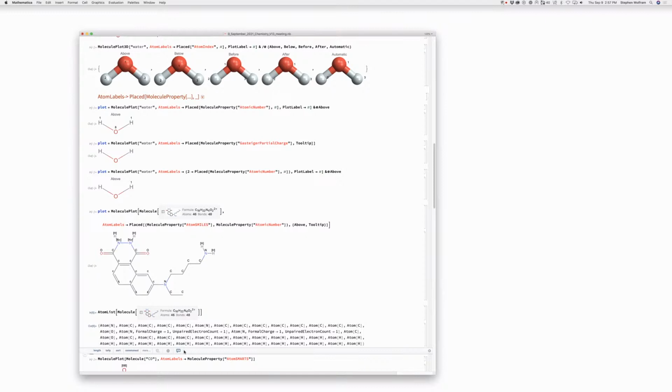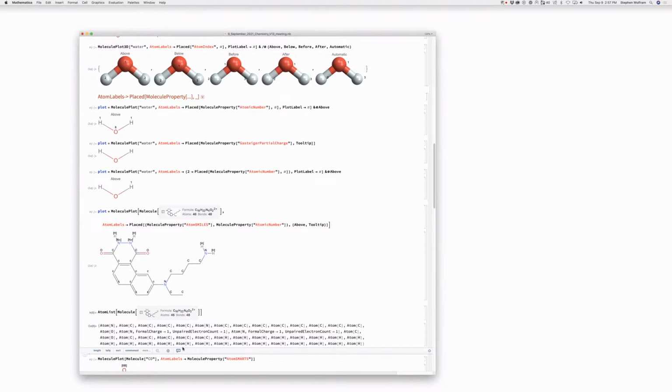Unless I want to say every carbon atom... can I do that, saying atom labels goes to atom of C goes to blah, blah, blah? Yes, every carbon atom gets this. Yes, and other patterns too. You could do formal charge goes to greater than 0 to get positively charged atoms.